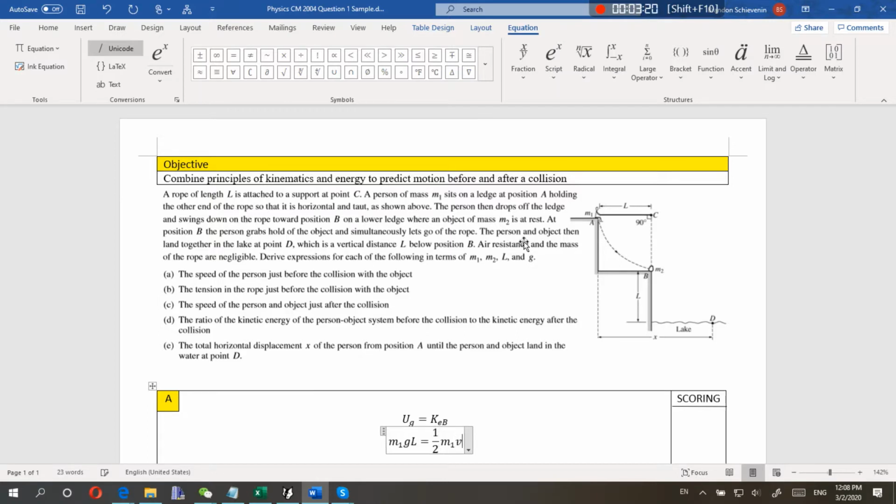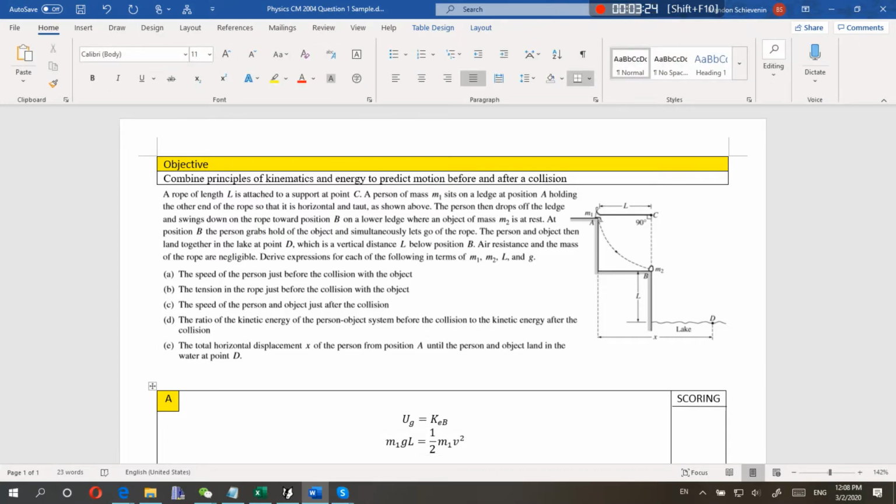Okay, M1V squared, perfect. Okay, and then we need to solve for V. I'm going to subscript that V again. This is velocity at point B, because I'm going to have a lot of velocities in a second. V sub B squared.